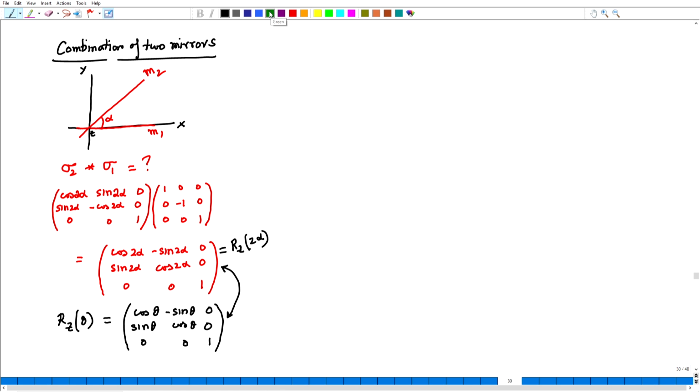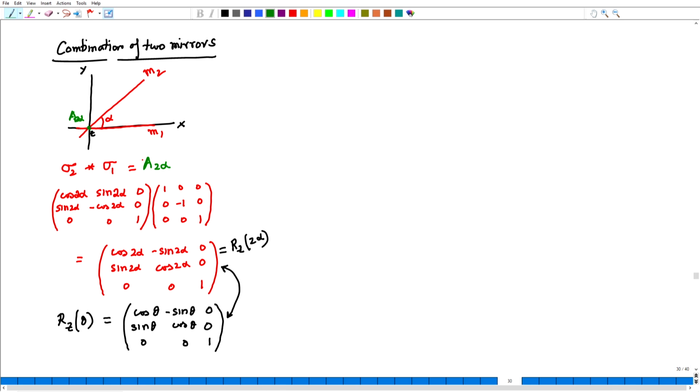So, at this origin, we have basically a rotation of A 2 alpha. The resulting operation that we get is A 2 alpha.